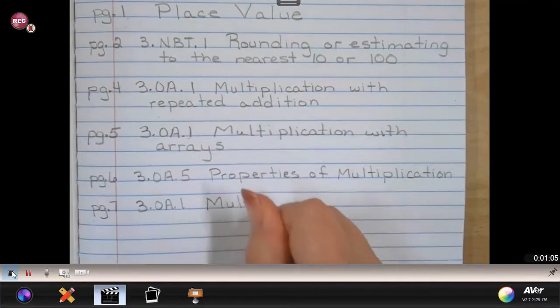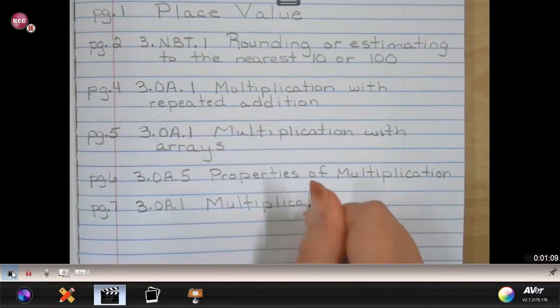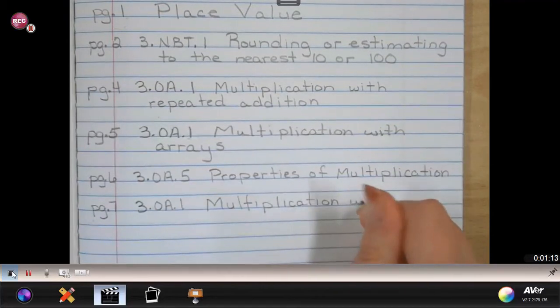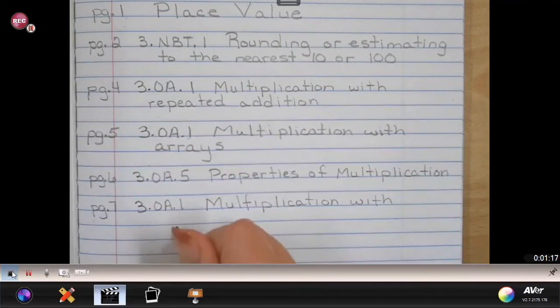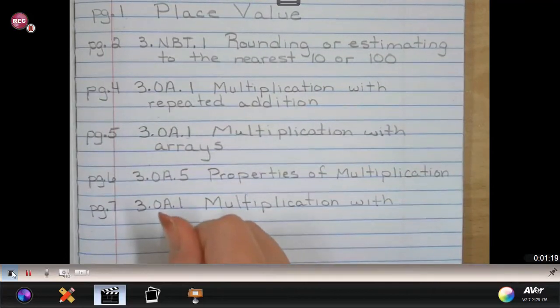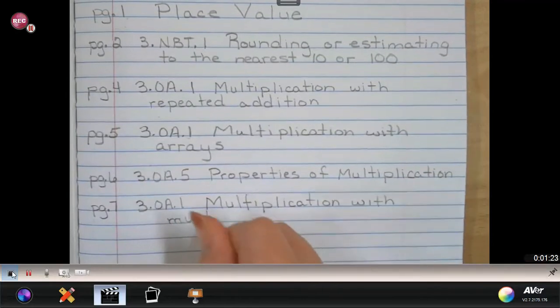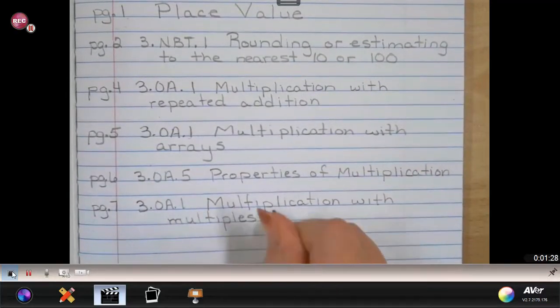Basically, we're adding another strategy to find the products of our multiplication equations using multiples, or skip counting in this case.